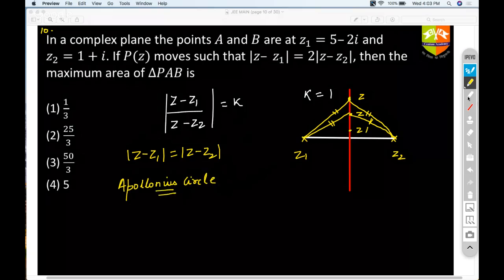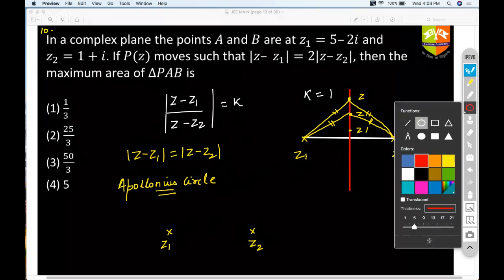The Apollonius circle is basically a circle which has diameters. Let me draw a circle just to make it more clear to you.